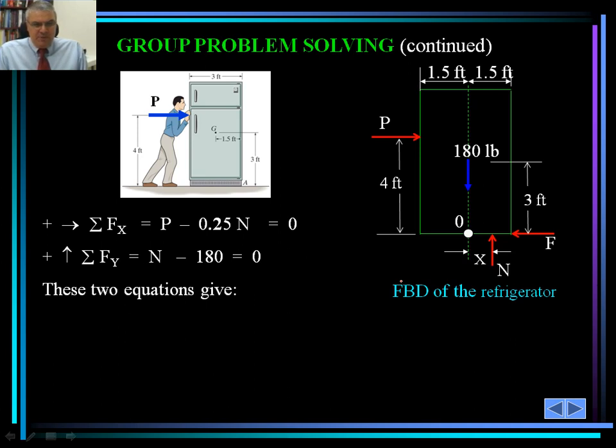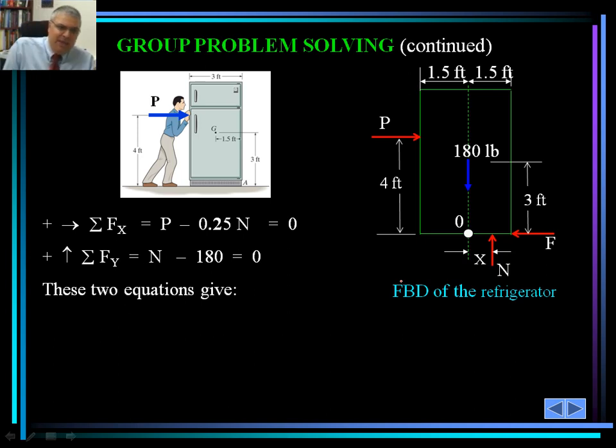Then we take the summation of forces in the x, set that to 0, and P minus 0.25 N. That would be the resulting equation. And still we have two unknowns, N and P. We are going to move on to the next equation. We take the summation of forces in the y. We set that to 0. As a result, N minus 180 would be 0.